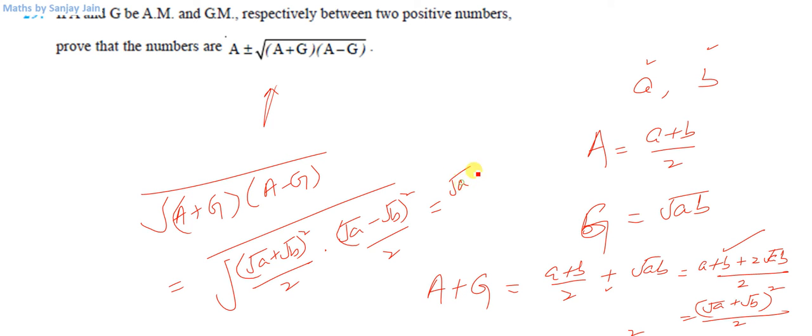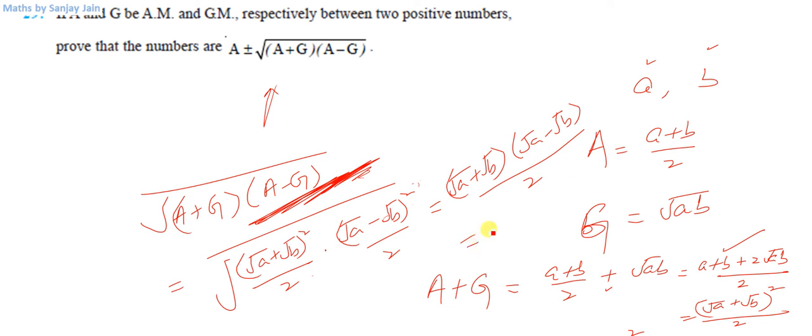So it will be equal to root a plus root b into root a minus root b by 2 into 2. So 2 will come out. This will be this square root. This square root. And what is this? This is root a squared minus root b squared, so a minus b by 2.